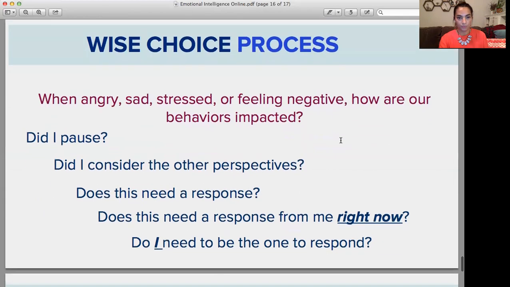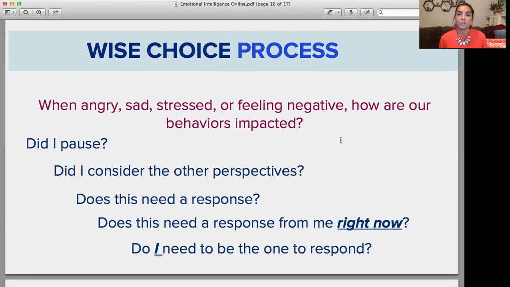So, the difference between a response and a reaction is that a reaction is like a trigger. It's like we don't even have space or time to really come up with a response that feels empowering for us.